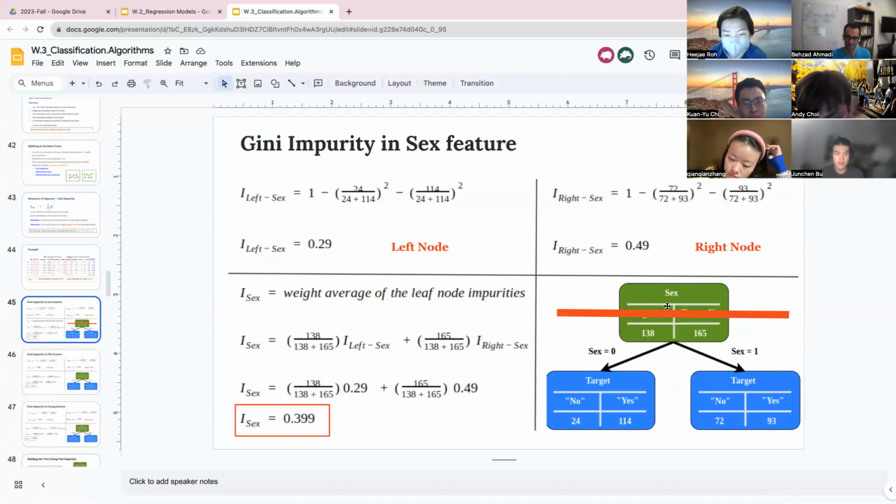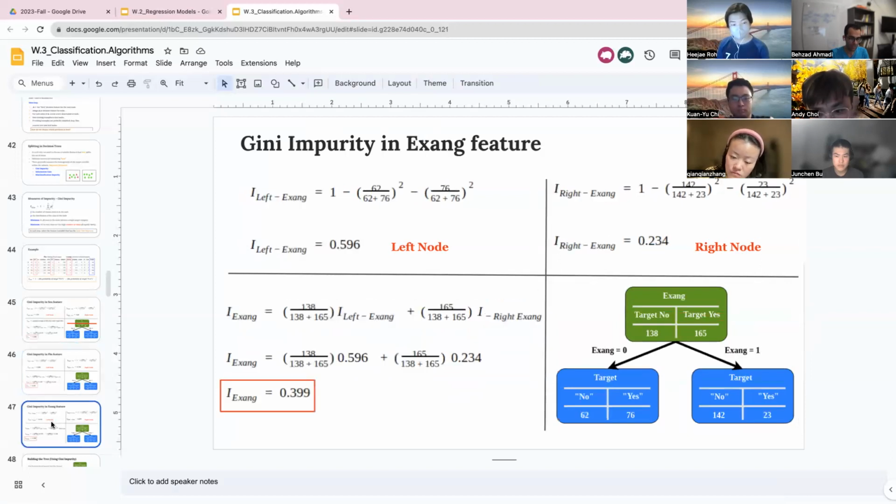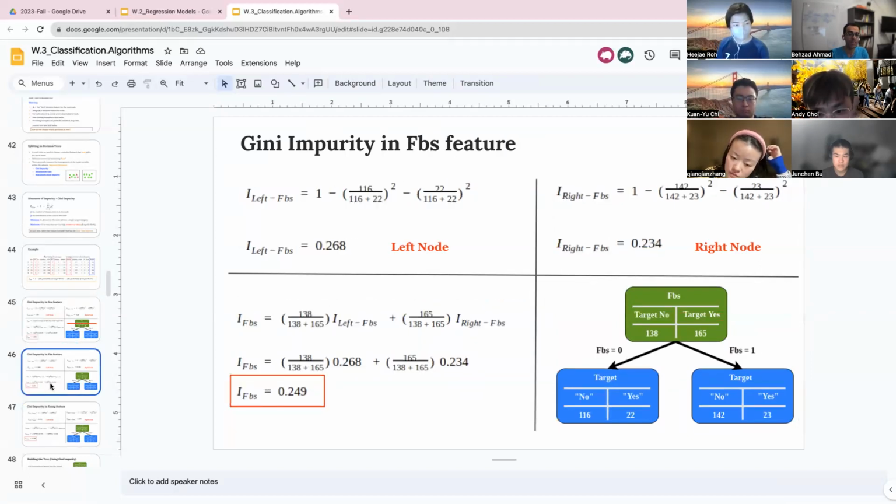If we split by sex, we get 138 samples on the left side, 165 samples on the right side, and that's the distribution in yes and no's within those left and right. And looking at the Gini impurity here, we have 0.39, we have 0.24, and then we have 0.39. So we are going to split by FBS for this example, right? Okay.